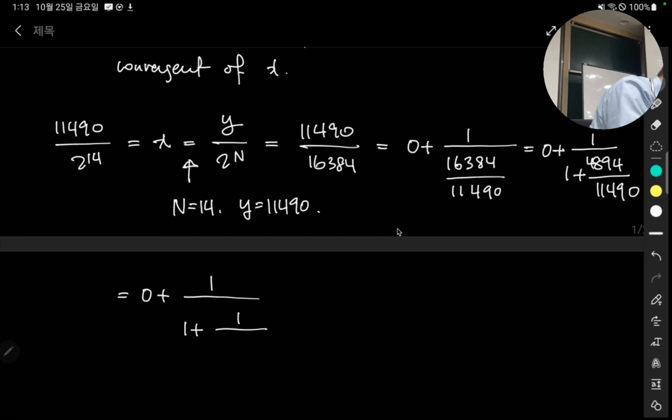So now you take the reciprocal of 4894 over 11490. You get 11490 over 4894.